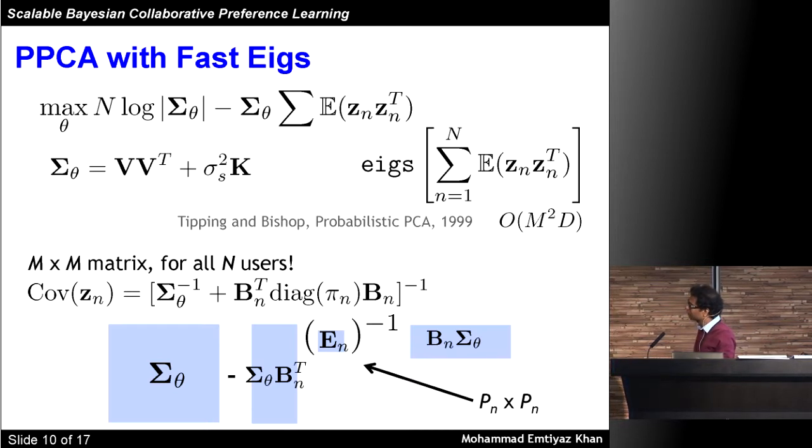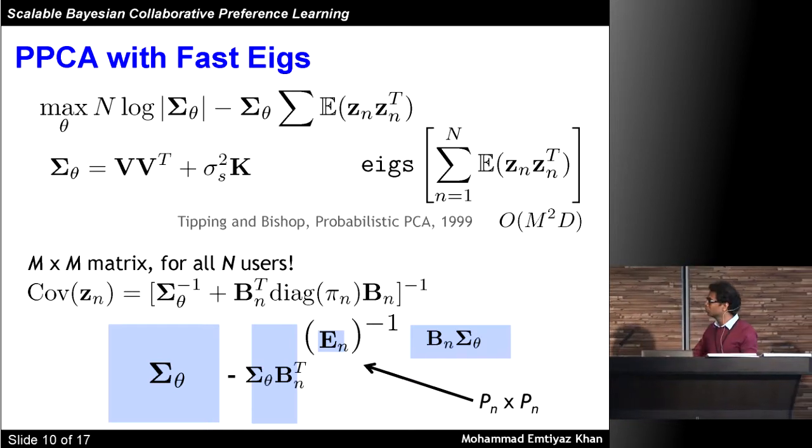The covariance, which can be used to compute this, can be written as the prior plus something that comes from the likelihood. And you basically just use the matrix inversion lemma, or Woodbury identity, to express this inversion in terms of these small matrices.